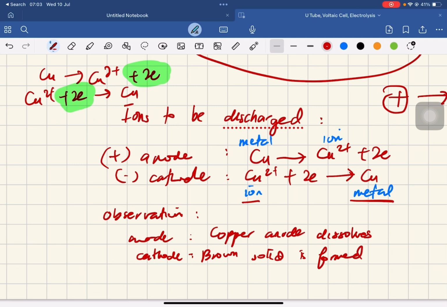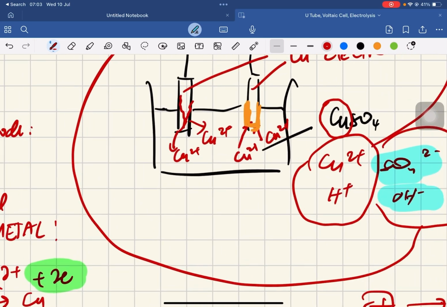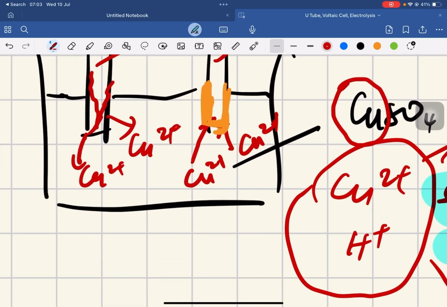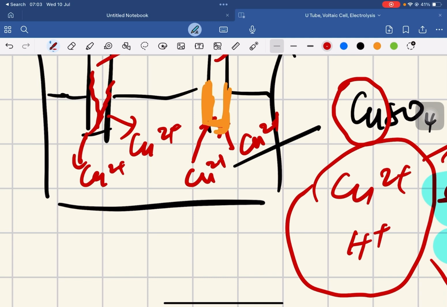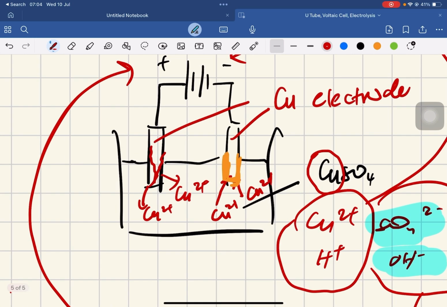This one dia suka sangat tanya. Can I ask, what's the change of the color of the solution? Ada change tak? What's the change in the color of the solution? Time's up. Now kalau kita fahamkan tadi, at anode dia leaches out copper ion kan, betul tak?